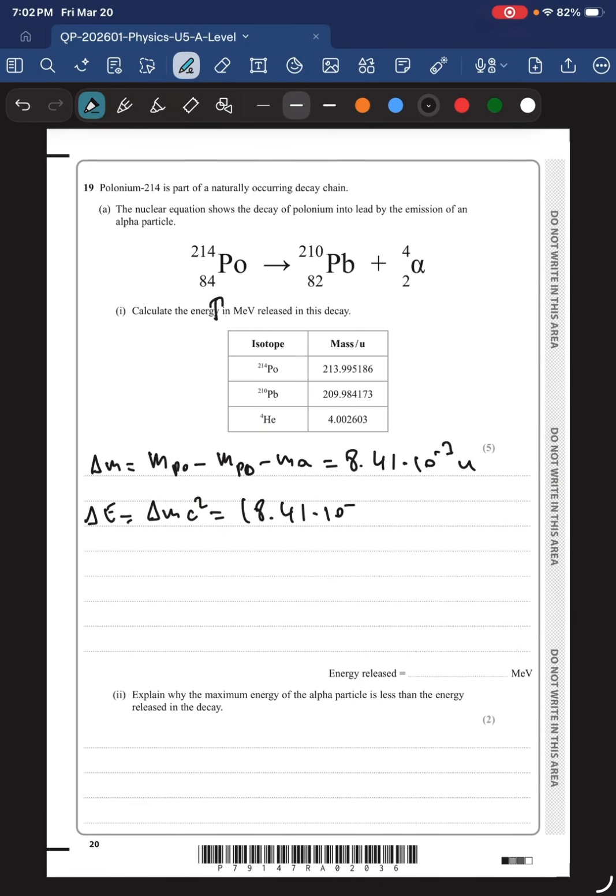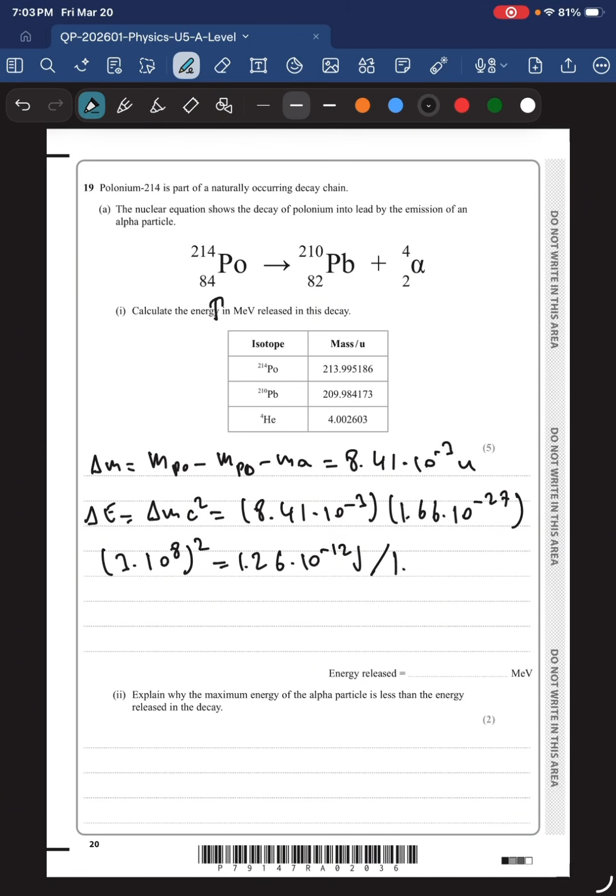8.41 times 10 to the negative 3. And this atomic mass unit, one atomic mass unit is 1.66 times 10 to the negative 27 kilograms, times 3 times 10 to the 8 meters per second, squared, yields 1.26 times 10 to the negative 12 joules.